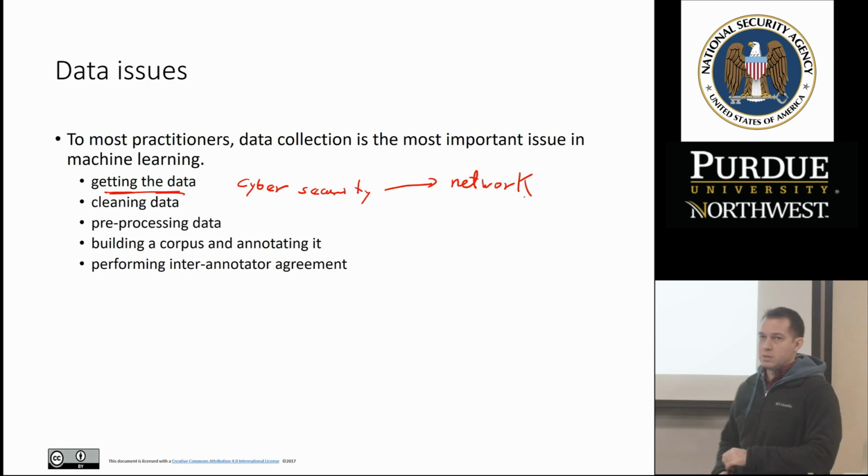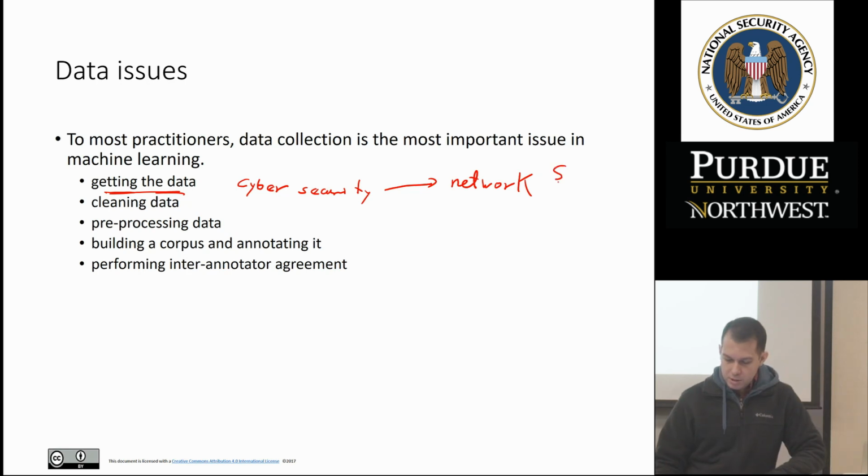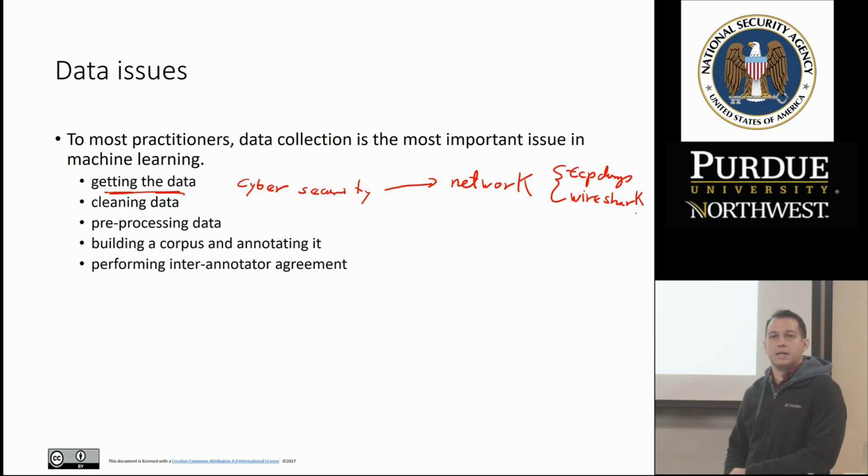We have a lot of tools that we can use to get this data, such as tcpdump, right? Or we can use Wireshark. Wireshark is a useful tool that can allow us to take PCAP files, and then there's code that we can write to extract those features.